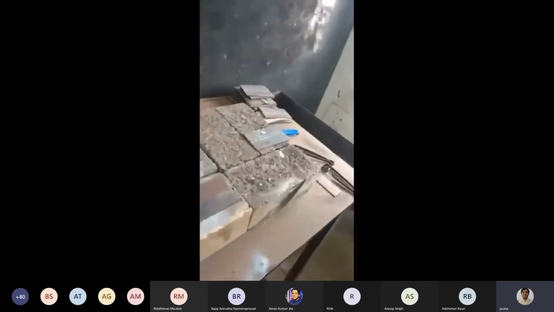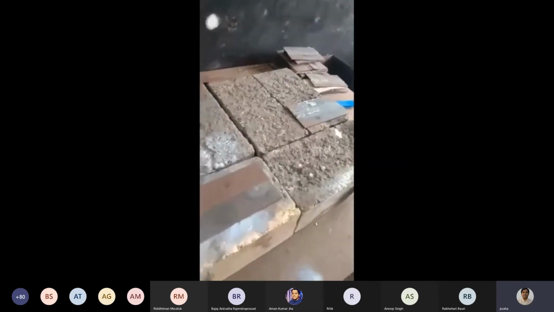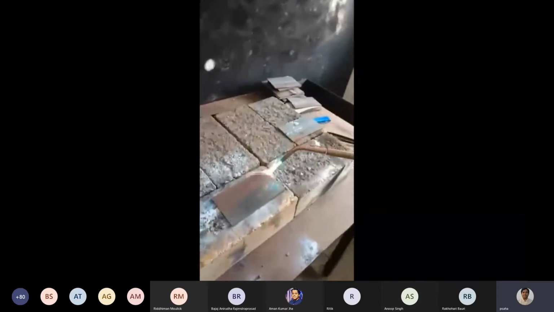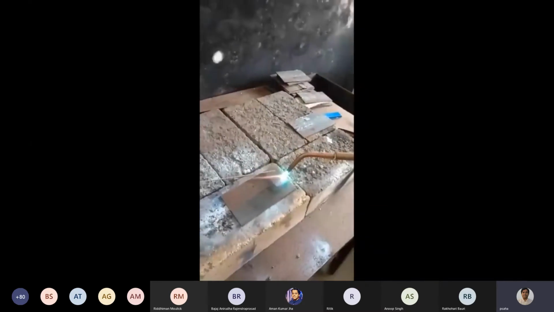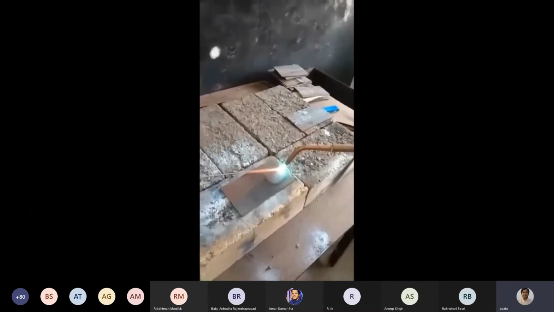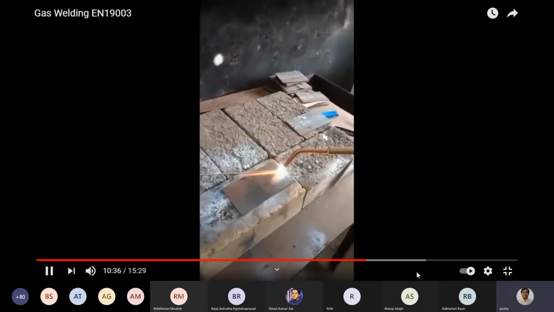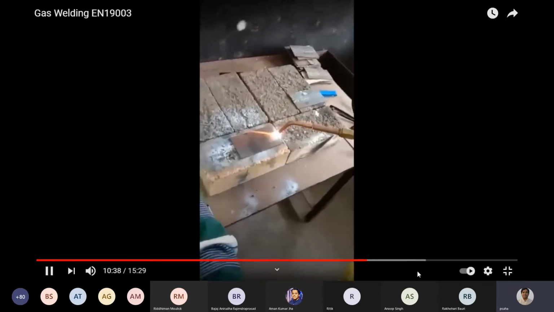And you have to wear this glass, and gloves. Now, first you have to join the two ends, and you have to heat the one end.